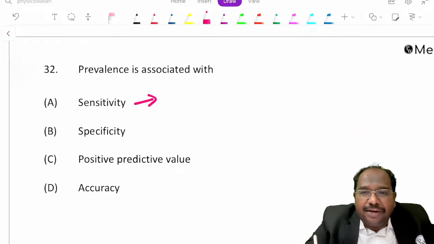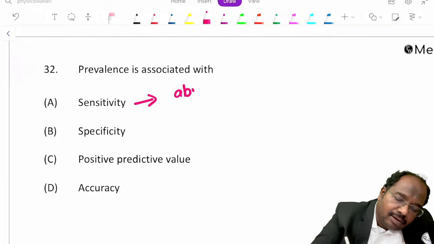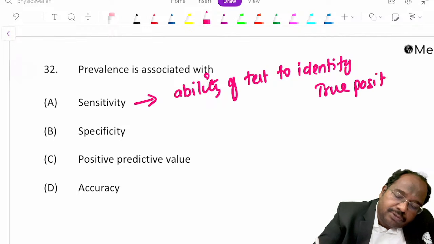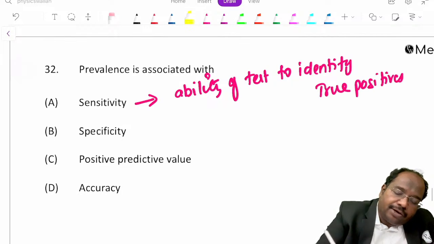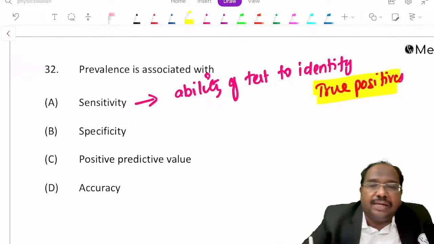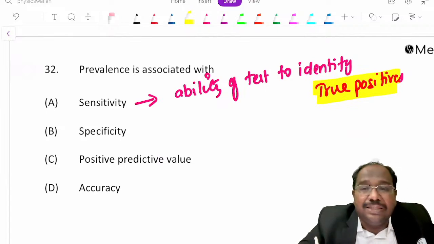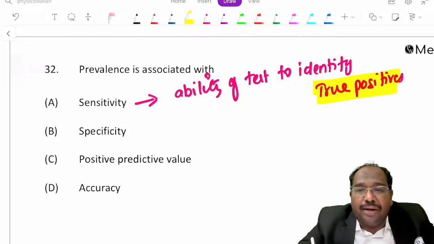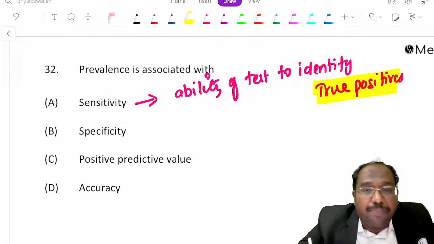Sensitivity means the ability of the screening test to identify true positives, that means diseased people. Whether the pap smear can identify the diseased people, that becomes true positives.